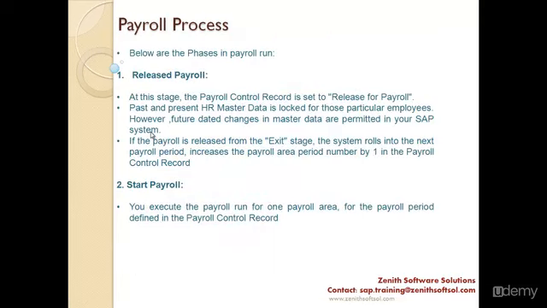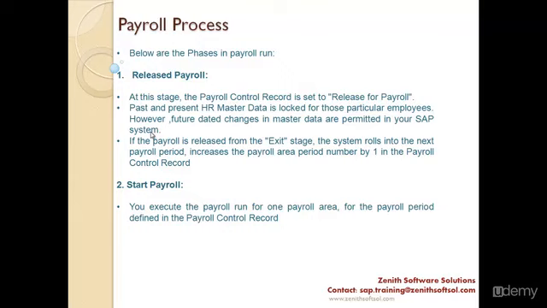What does it mean? The control record is set to release for payroll means even if the end user is trying to maintain the master data, he cannot, because you are locking the master data. It is important, because if any end user is going and updating some salary or bank details while payroll is also running at the same point, it won't be right.